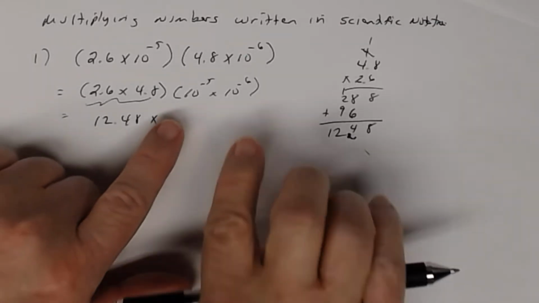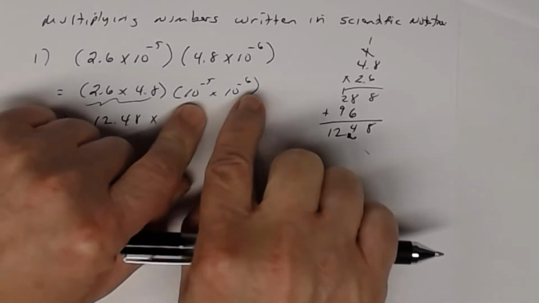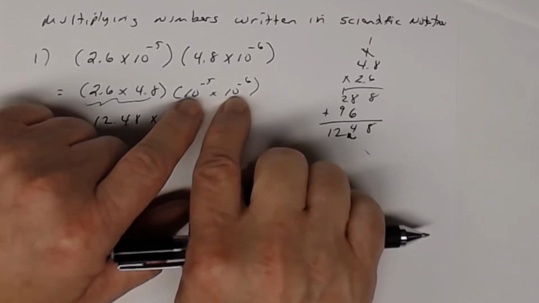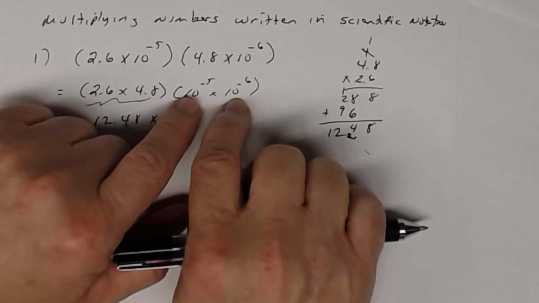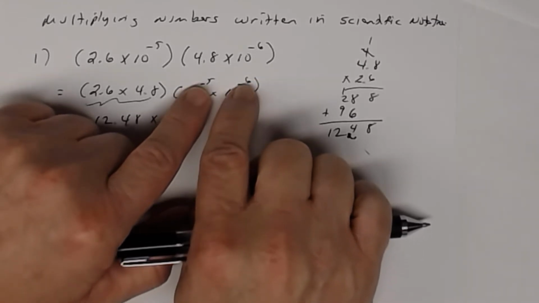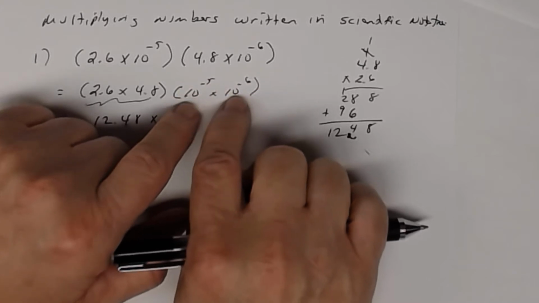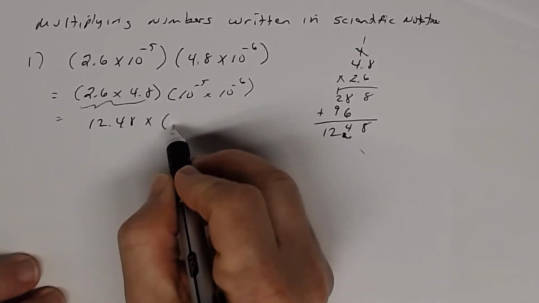And then remember your product rule. So the product rule for exponents. So when the base is the same, when you're multiplying like bases, you add those exponents. So the bases 10 are the same, so basically going to add those exponents. So what that becomes is this. I'm going to go ahead and write it like this.